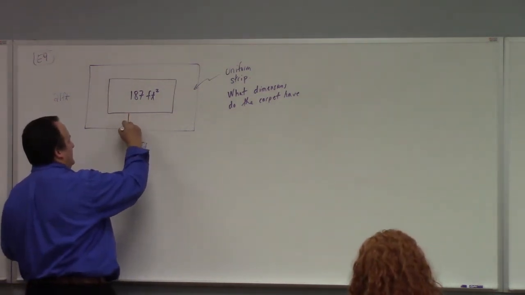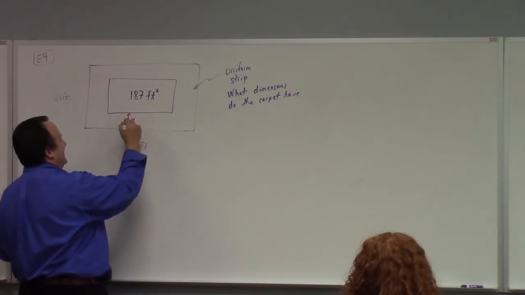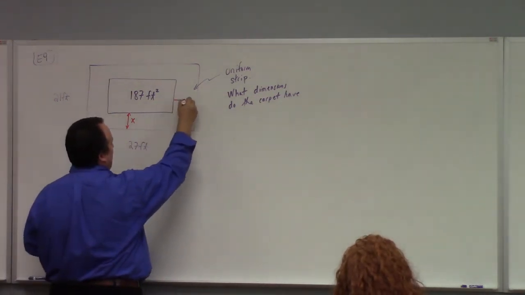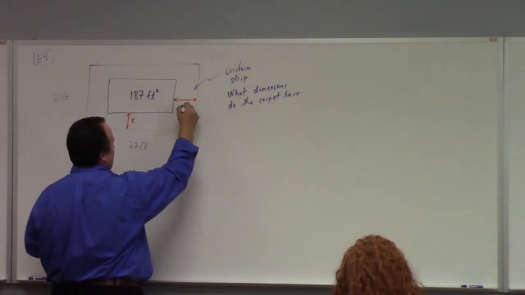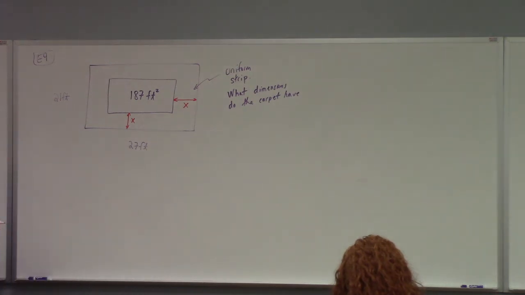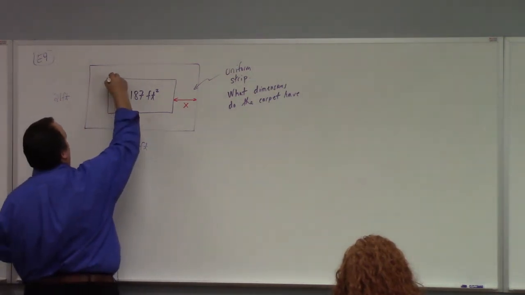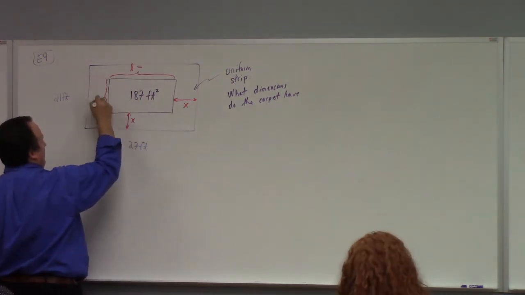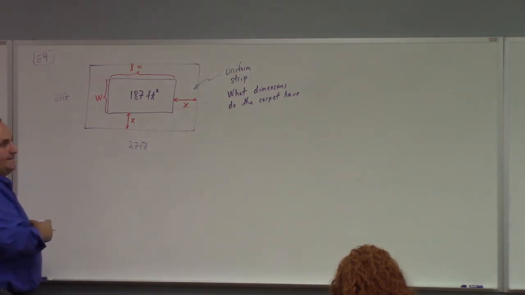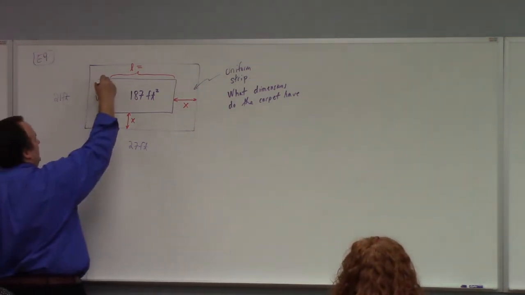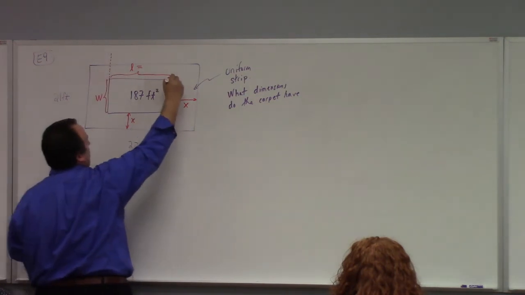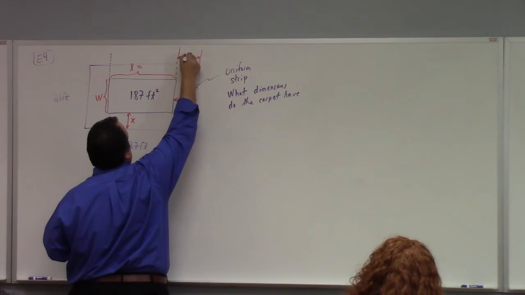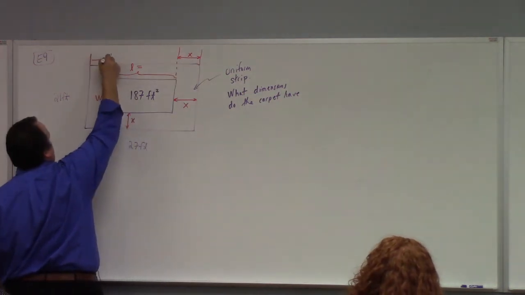So I'm going to say that this distance right here is x, right? And it's a uniform strip, right? So this distance over here is also x, okay? So the real question is, what's this length, and what's this width? So let me make a little observation here. If we kind of just draw up here, this distance here is also x, this distance here is also x.